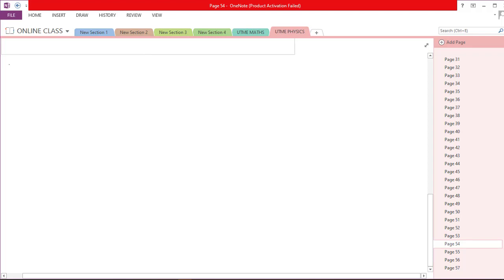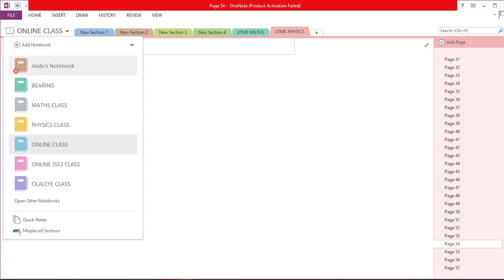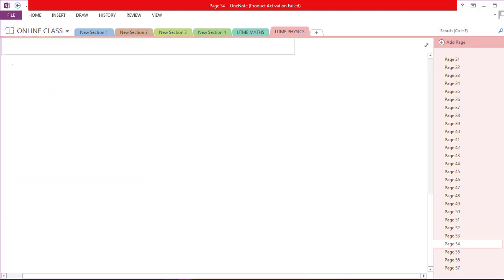Now from the question they gave us here, number 5 says that the velocity in air is 3.0 times 10 raised to power 8 meters per second, while the refractive index is 1.65.